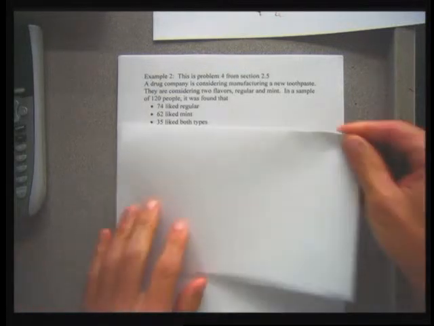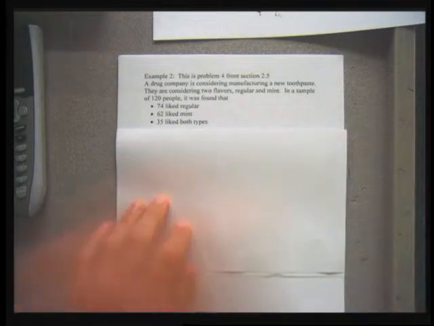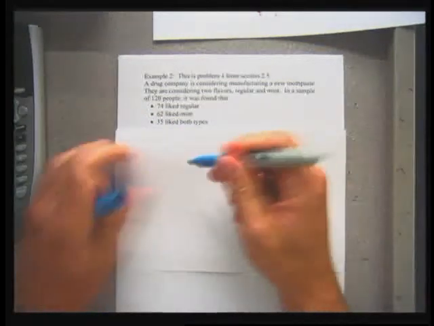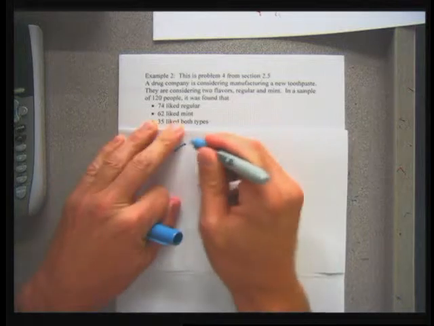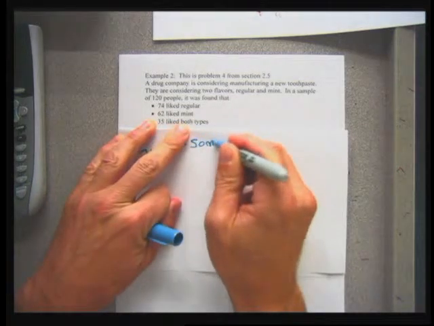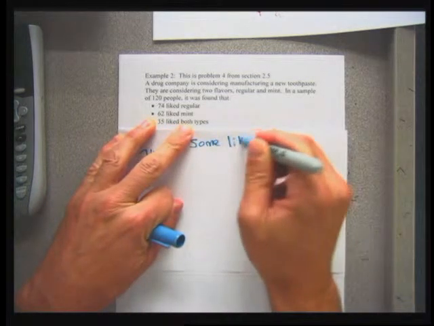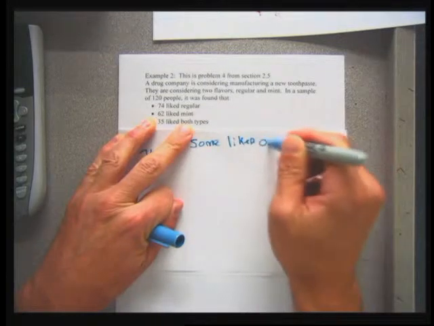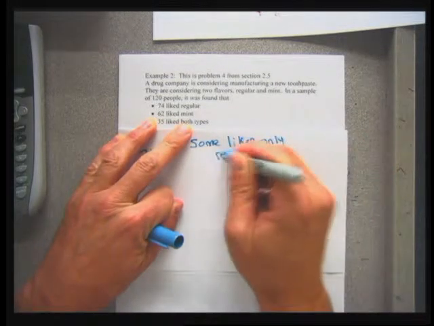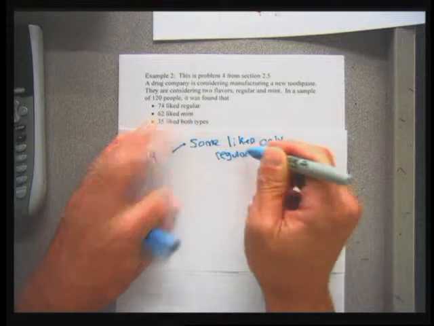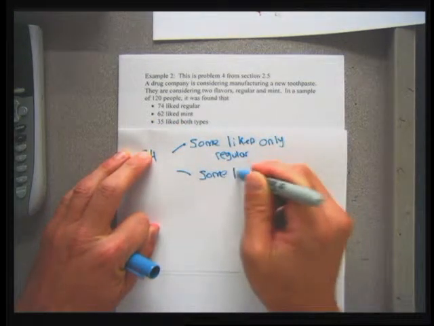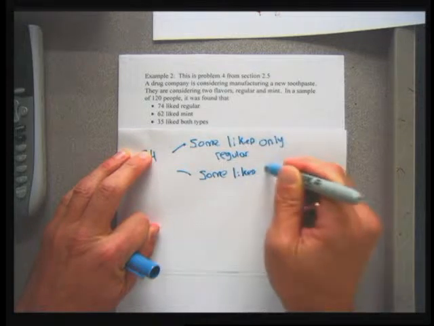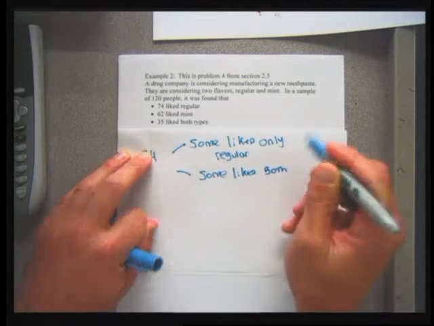So the first number that I see is 74 that liked regular. Of the 74 that liked regular, some liked only regular, and some liked both. It doesn't look like that's what the author is trying to say, but that is definitely what the author wants me to understand.